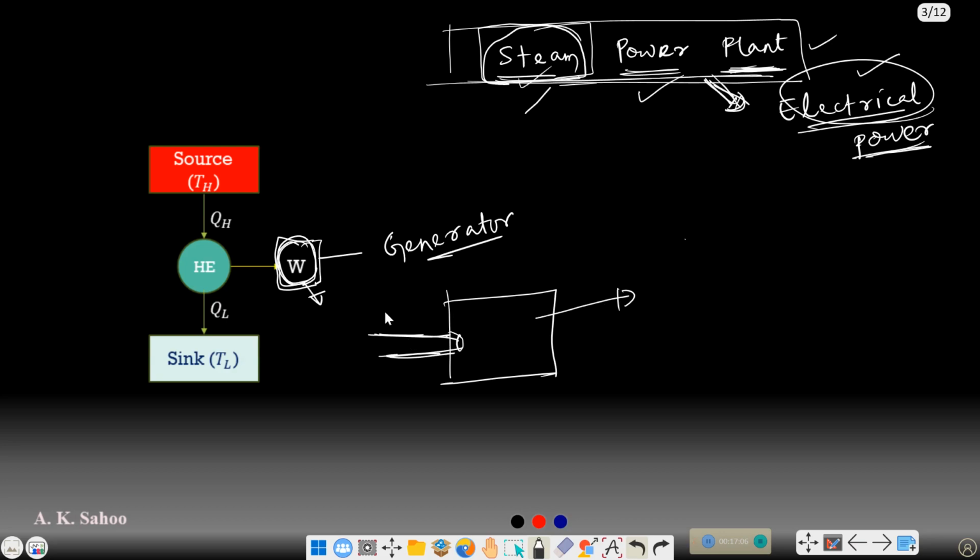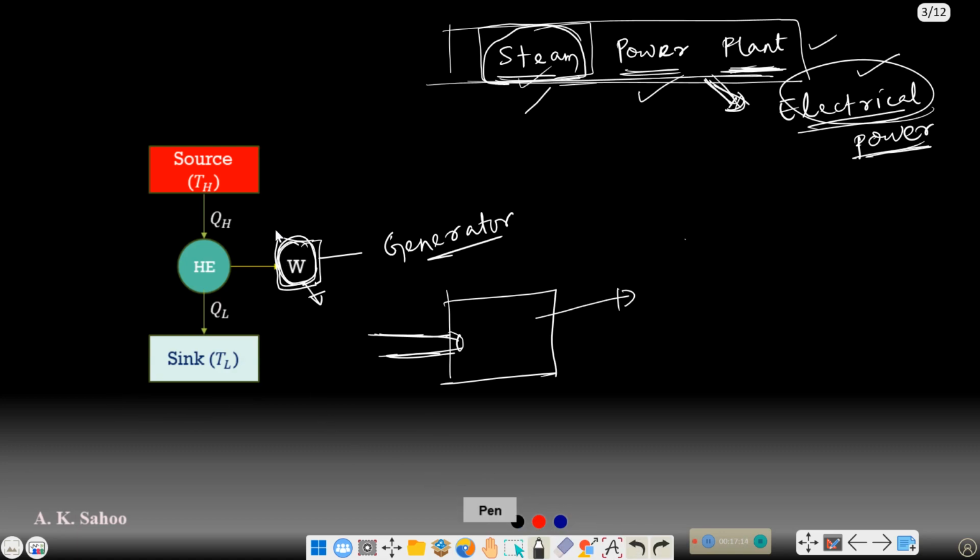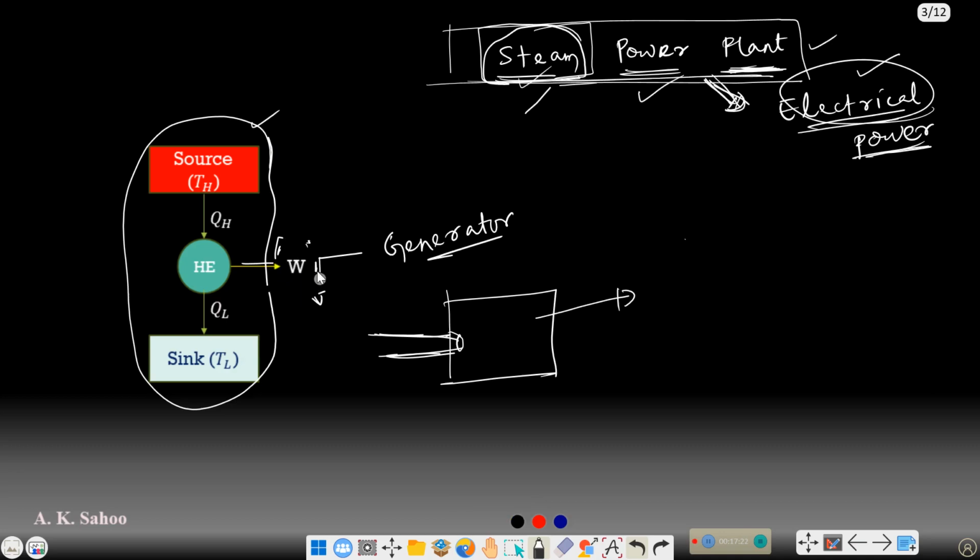Suppose I am having a device with me. This device is simply converting or producing some amount of work, right? Which type of work is it?